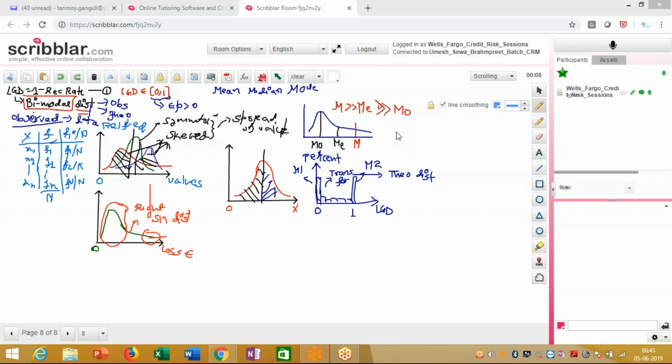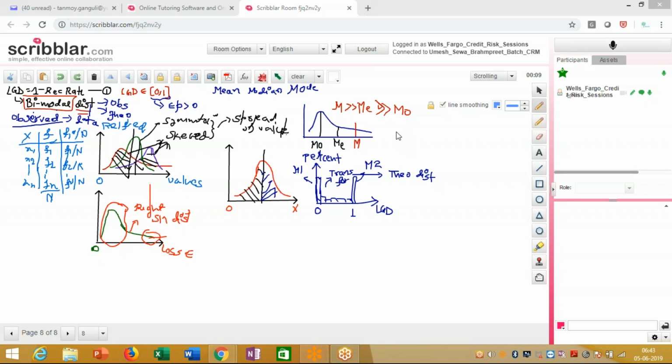Now, if the asymmetry of the distribution is towards the right side, then we call it a right skewed distribution. Otherwise, we call it a left skewed distribution. Right? So this is something that we need to understand.